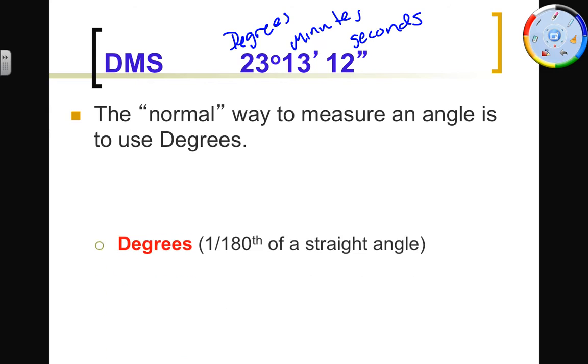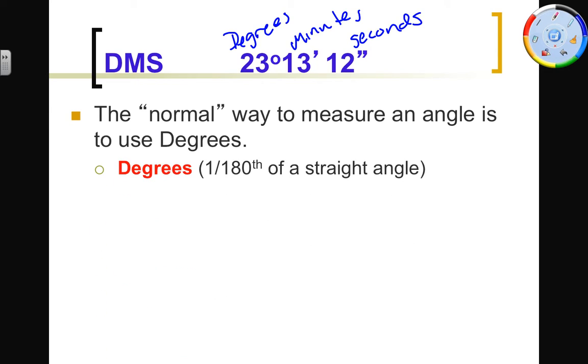All right, so a degree is 1/180th of a straight angle. You should know that because a straight angle has an angle measure of 180, so 180 degrees. A minute is just like you would think of on a clock. It's 1/60th of a degree.